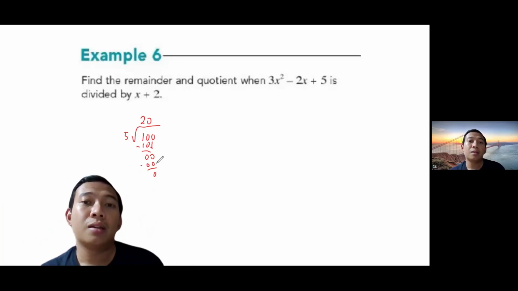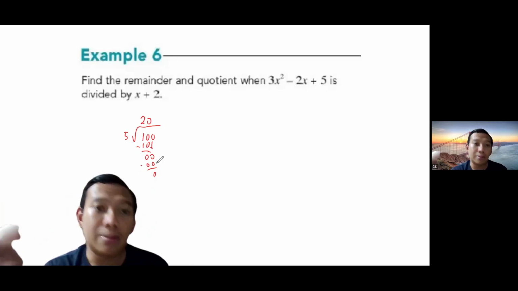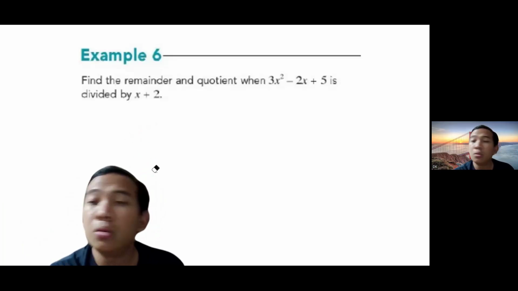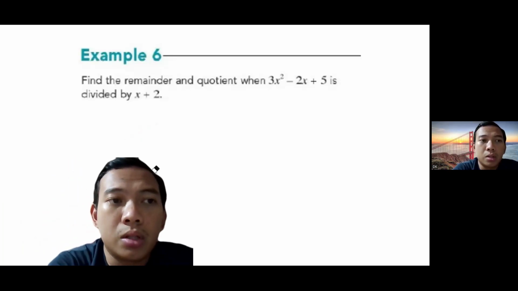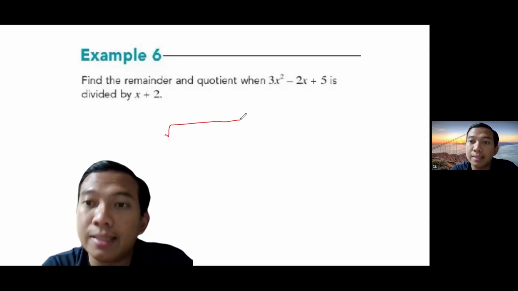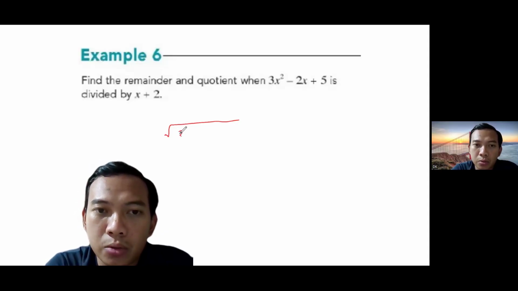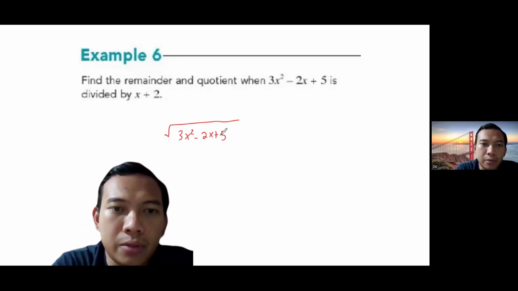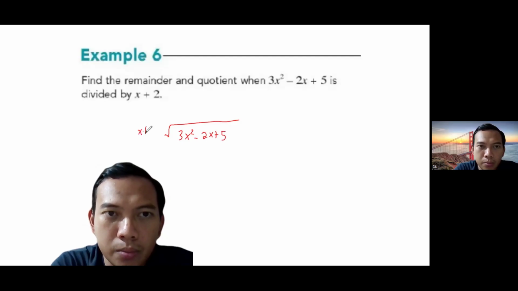So in this case, 3x squared minus 2x plus 5 divided by x plus 2. In this video, I'll be sharing how you can divide such long polynomials with another polynomial. In this case, it's a linear, x plus 2.